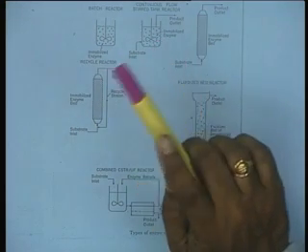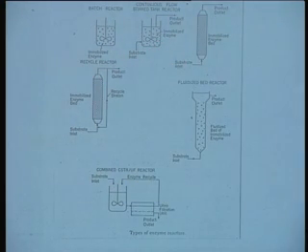Now, a major characteristic feature of the continuous stir tank reactor, often designated as CSTR, is that the contents of the reactor are perfectly mixed or the system is totally homogeneous. That means the concentration of any particular species in the reaction system is uniform throughout the contents of the reactor, and this concentration is the same as that in the outlet stream.